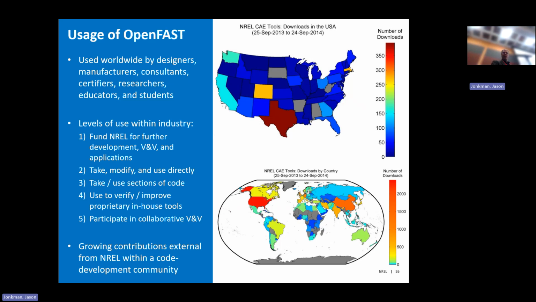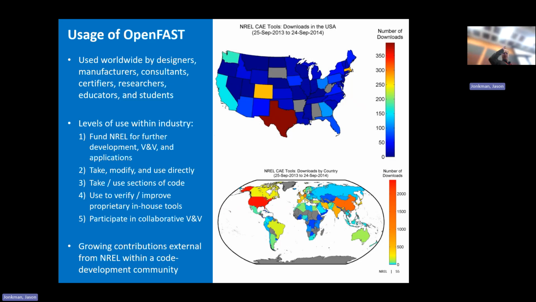Not very useful if you're a student, but if you're going to industry, you should be aware of that. There's a lot of other industries that aren't working with us directly, but it's open source, so they take it, they modify it, maybe they use part of it in their own tool. And a lot of people are also just using it to check against, because we're the big open source version.